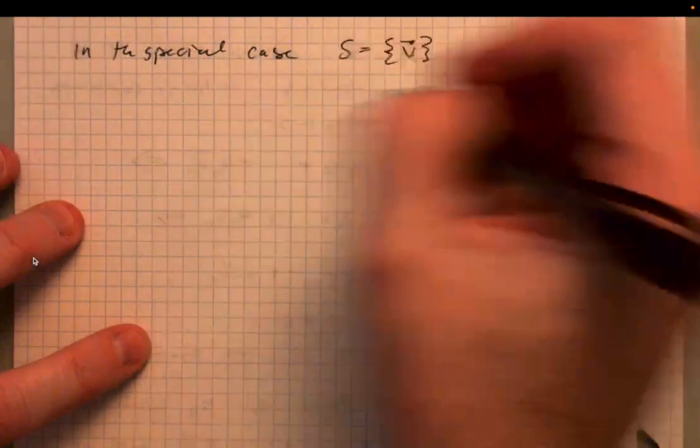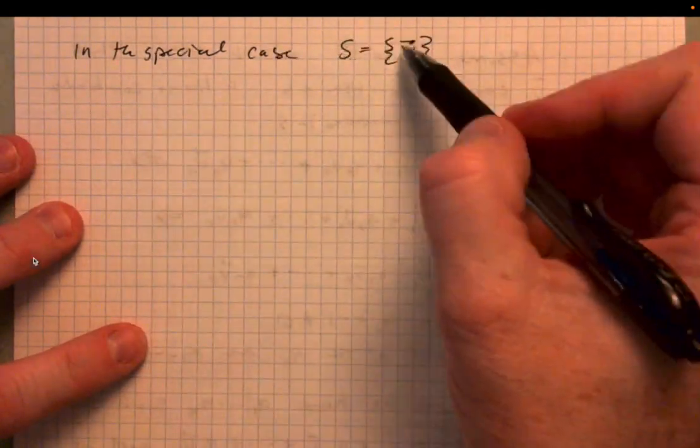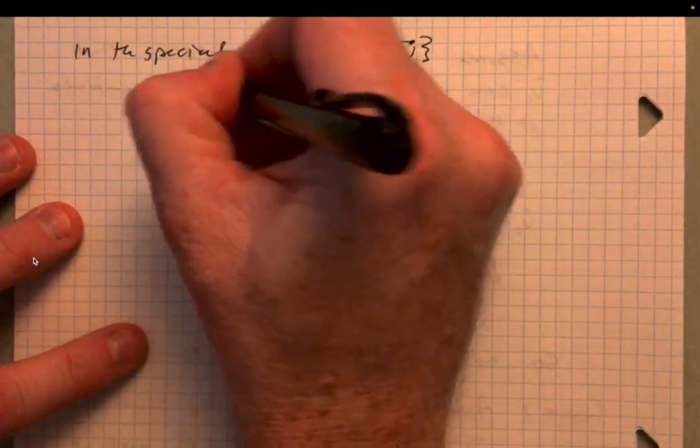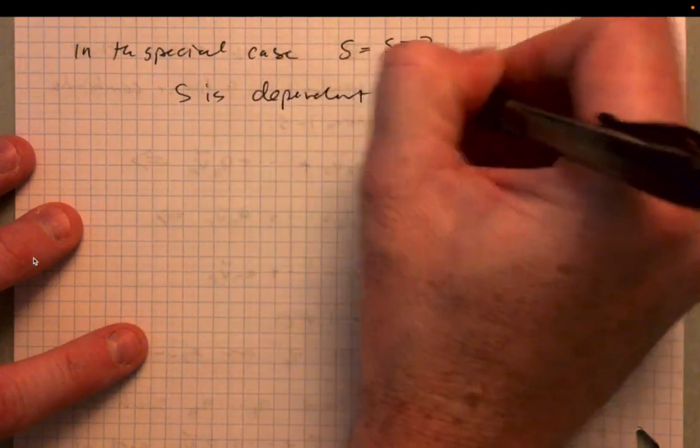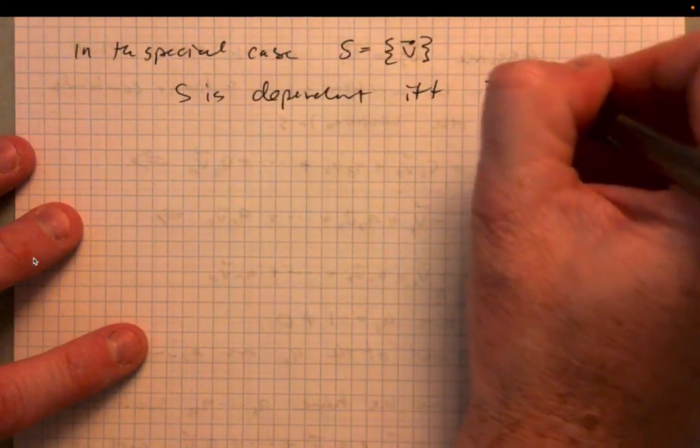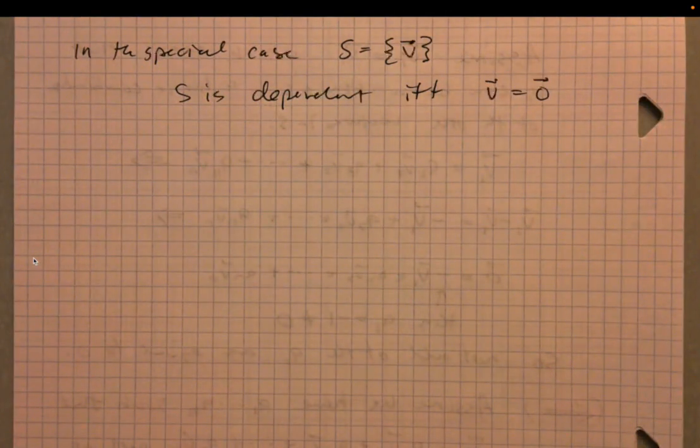Okay, so in the special case where S is equal to V, S is dependent if and only if the vector is equal to 0, right?